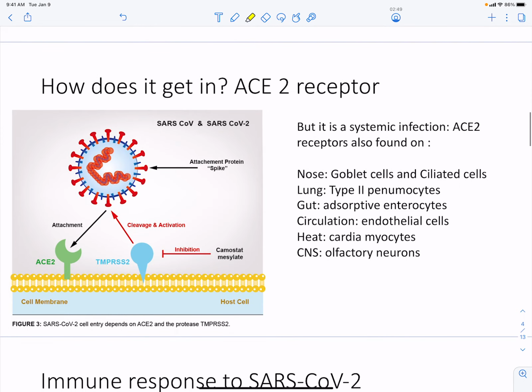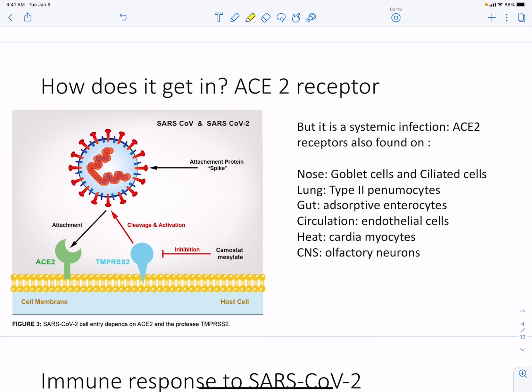Now, how does it get in? So again, ACE2 receptor. It starts as a respiratory infection. So this is going to be found on your goblet cells of your nose, as well as ciliated cells in your upper respiratory tract. In your lungs, ACE2 receptors are on your type 2 pneumocytes. Now, how does it get systemic?